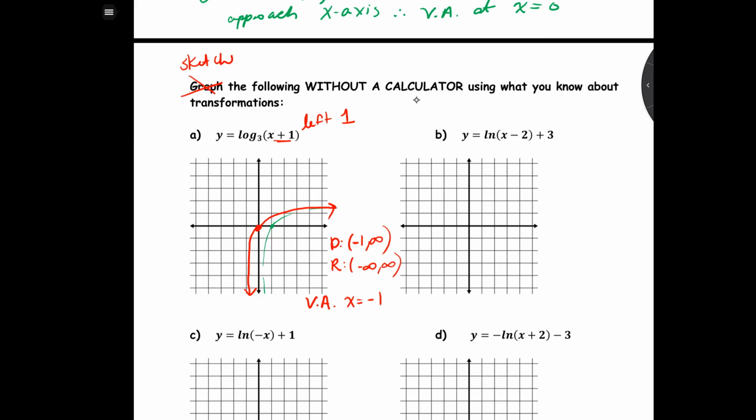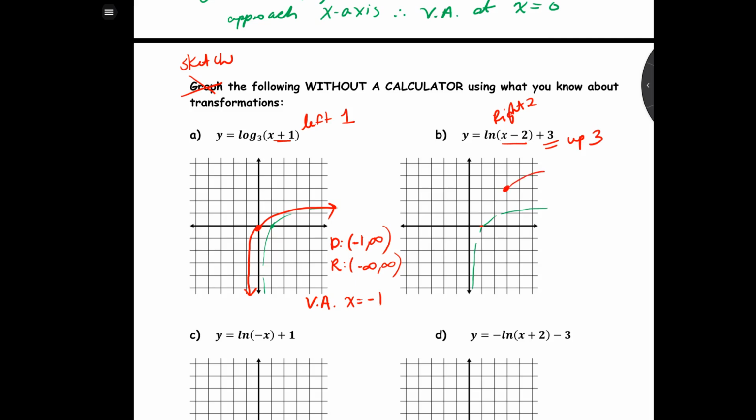Letter B. What happens with these transformations? What does the -2 on the inside of the parentheses do? Right 2 units. And what does the +3 do? Up 3. So if I'm thinking about the generic shape of a log, which goes through (1, 0), I now have to move this point right 2 and up 3.